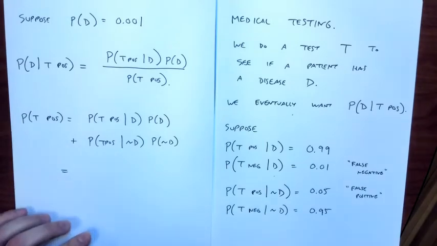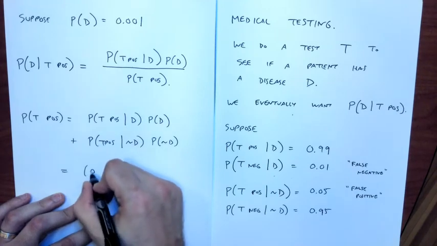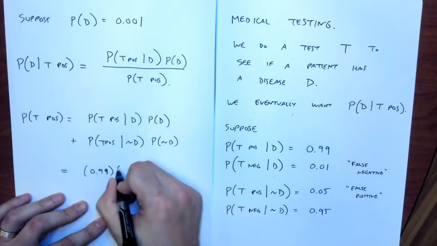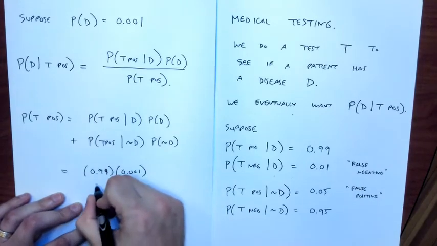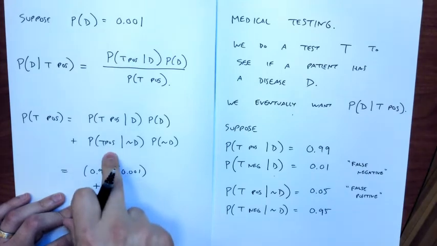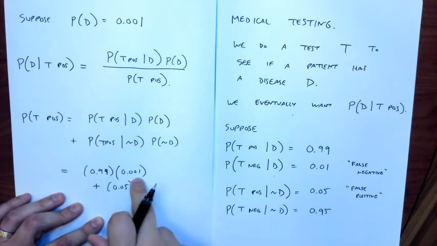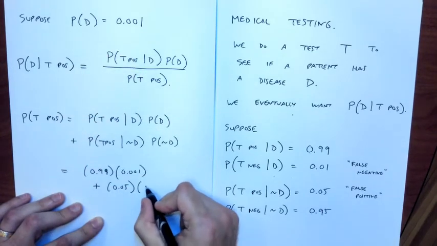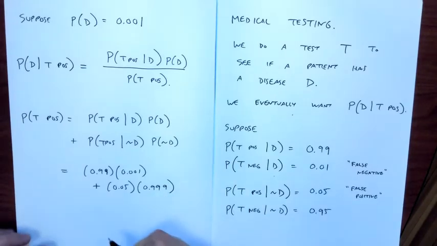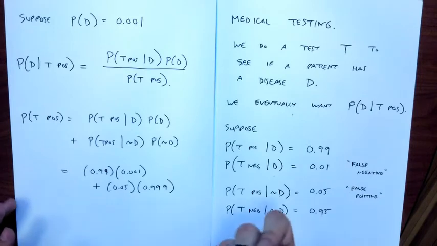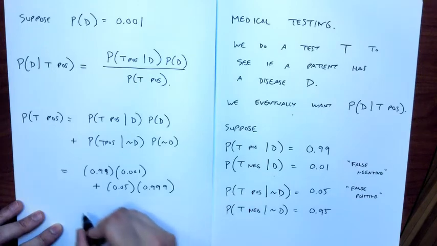Now I can multiply these numbers together. The true positive rate is 0.99. The probability of disease is 0.001. A positive test but no disease is 0.05. And the probability that there's no disease is 1 minus the top part, which is 0.999. Unfortunately I didn't bring my calculator, but I know the result.